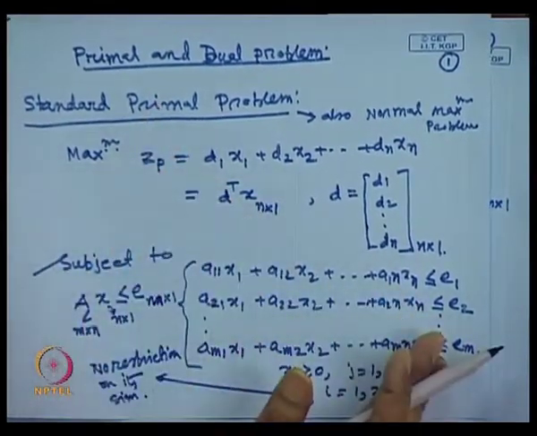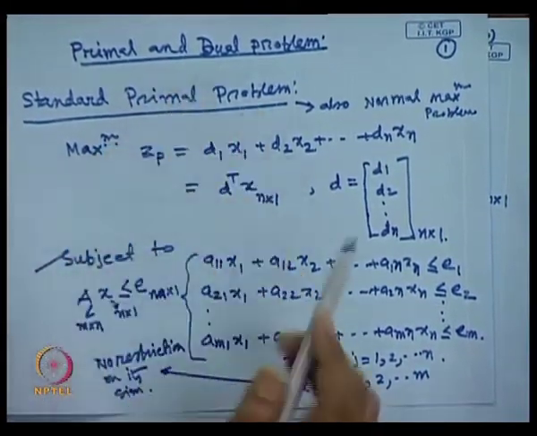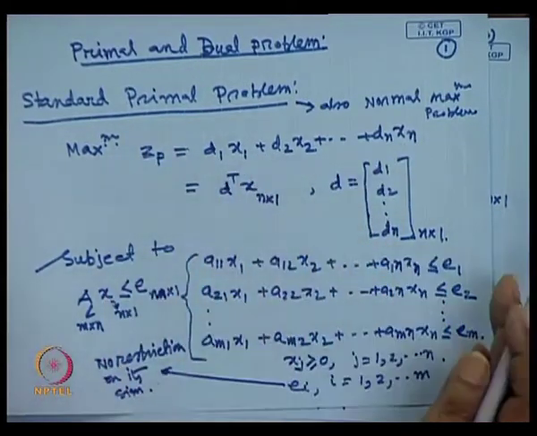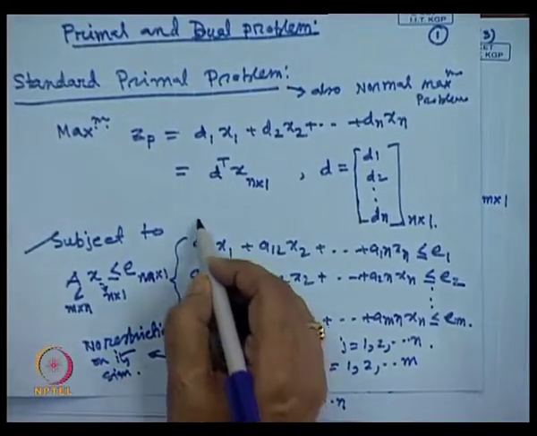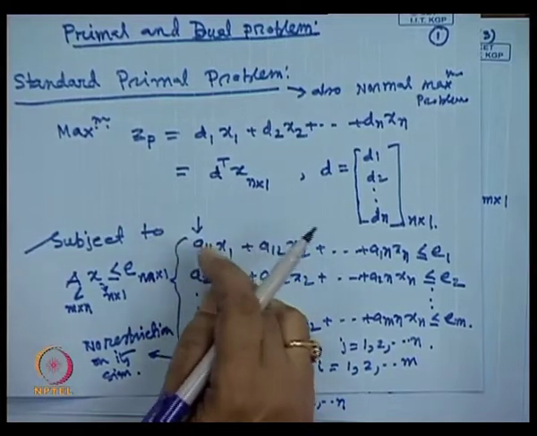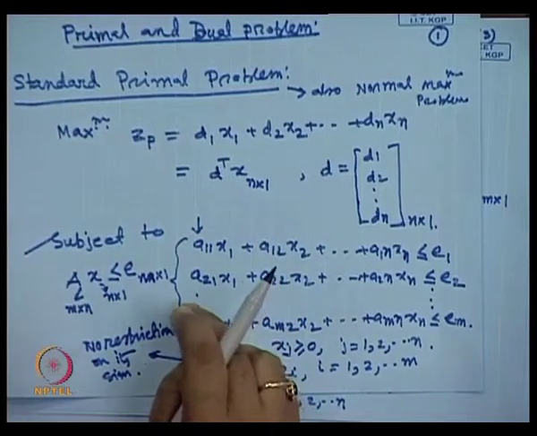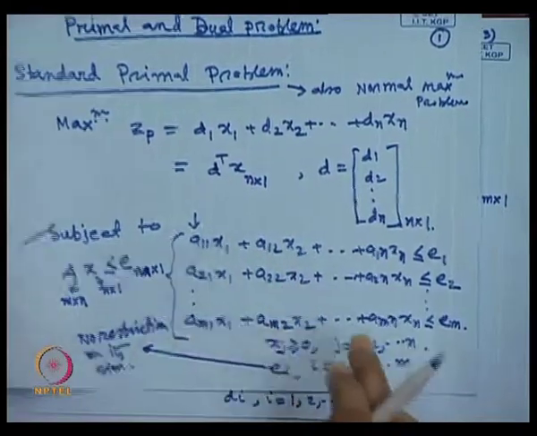This is the dual problem of that primal problem: whatever coefficients are associated in the objective function of the standard primal problem will come on the right hand side of the inequality constraints of the dual problem, so d1, d2, dn. Consider the first column: a11 into y1, a21 into y2, plus and so on, plus am1 into ym, will be greater than or equal to d1.